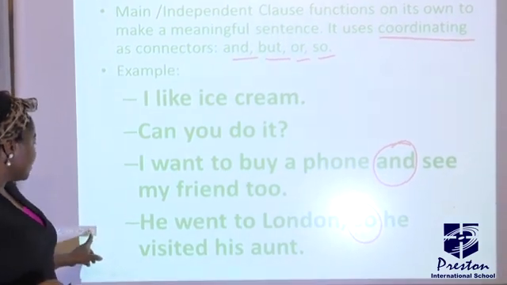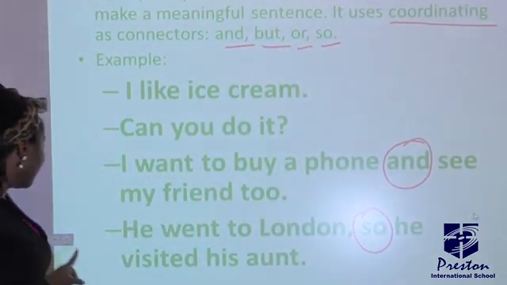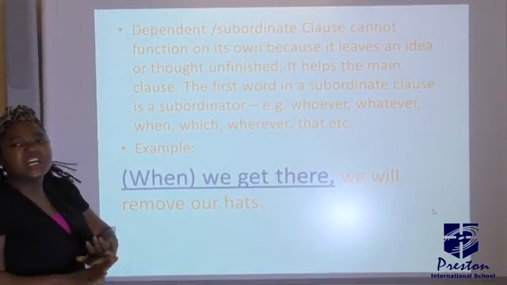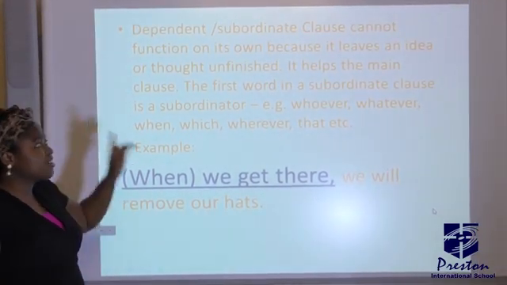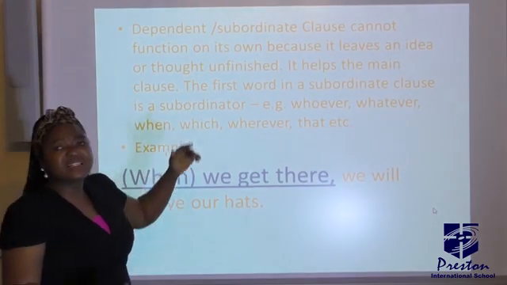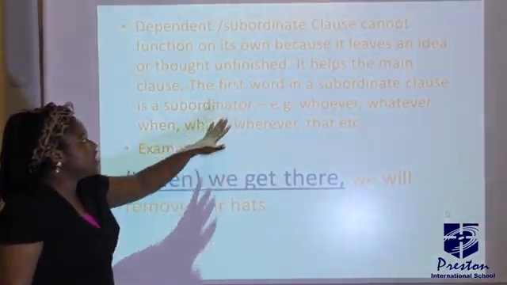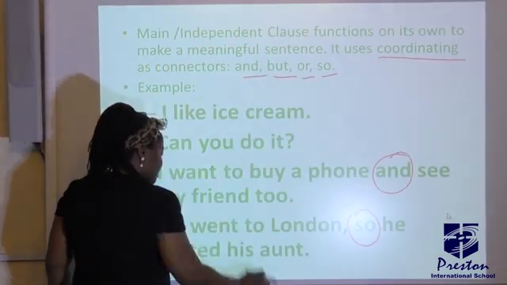You will see when we get to subordinating conjunctions that one is going to rest on the other. A subordinate clause is a totally dependent clause. Although it has a finite verb, it cannot make sense on its own. It leaves the idea or thought unfinished.